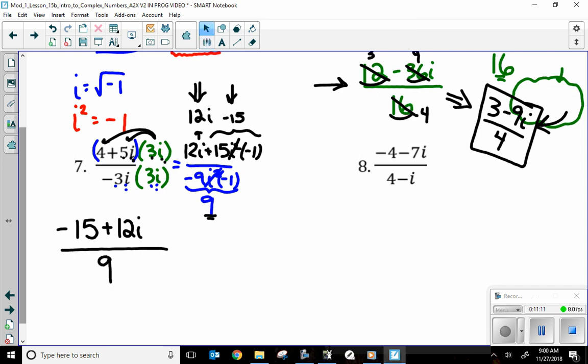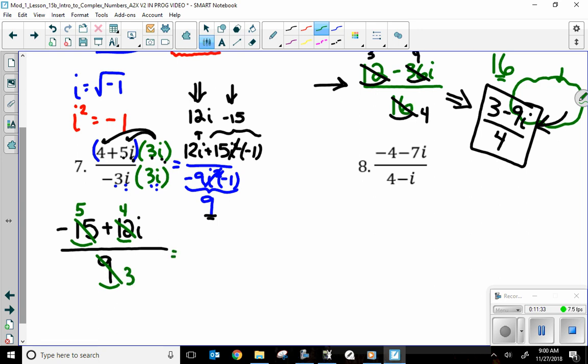And if I am not mistaken, that can be reduced. There is a number that goes into all three of those bigger numbers. 15, 12, and 9 all have a common factor of 3. 3 goes into 15 5 times. 3 goes into 12 4 times. 3 goes into 9 3 times.